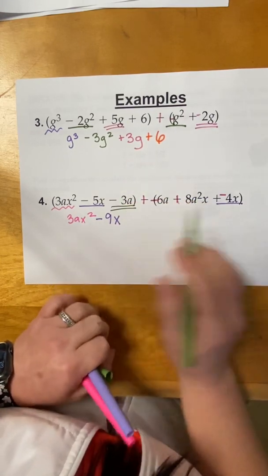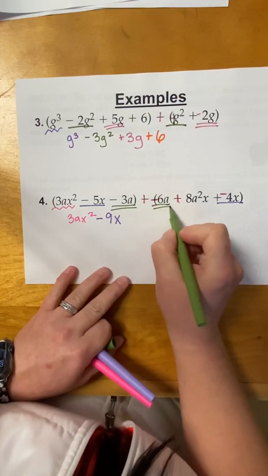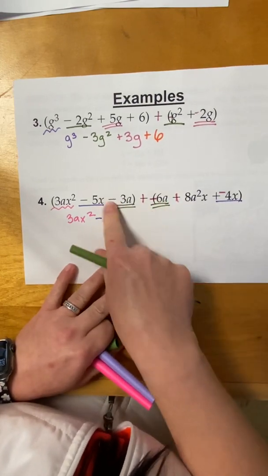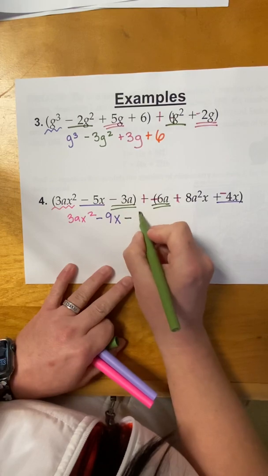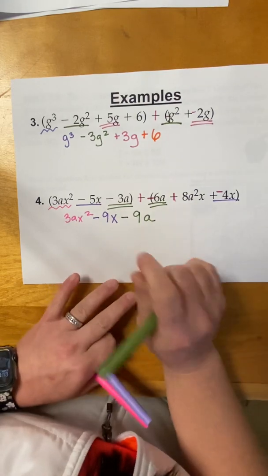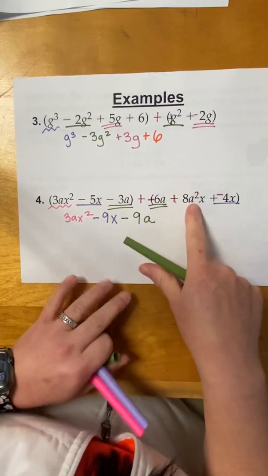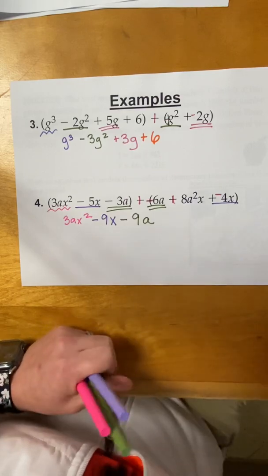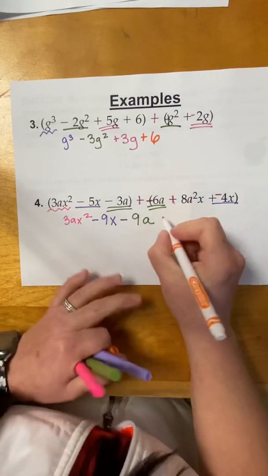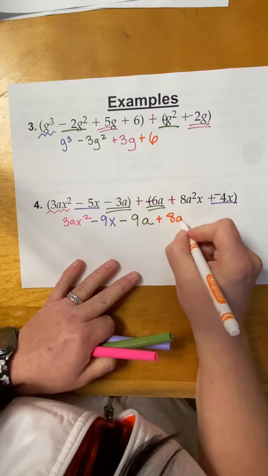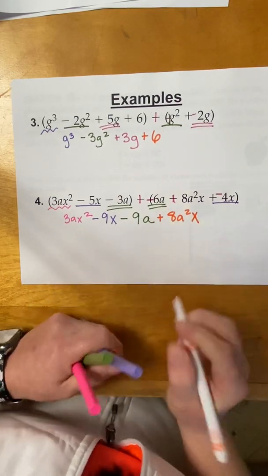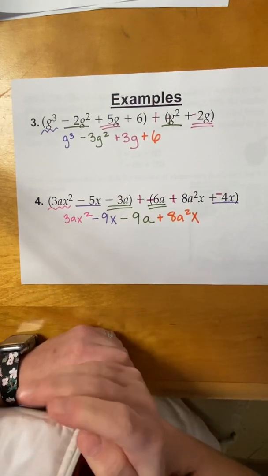So I'm looking for just another a. Here's one. So negative 3, negative 6, same sign, add and keep. That'll be negative 9a. We've covered all those. You're left with this booger. And it doesn't have anything that can go with it. So we're just going to drop it here at the end. Plus 8a squared x. And that's it.